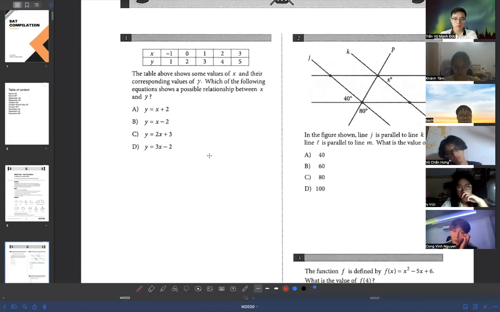A. Okay, A, hang on a sec. 2020, 1A. 2, A. A. Right.